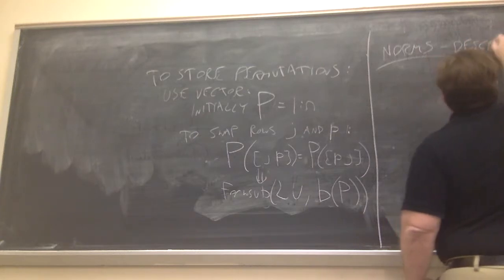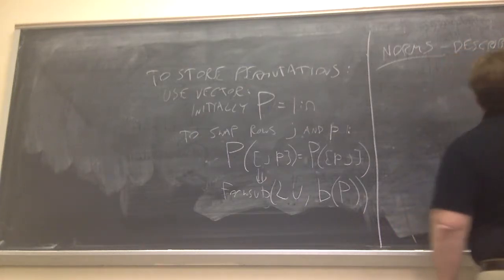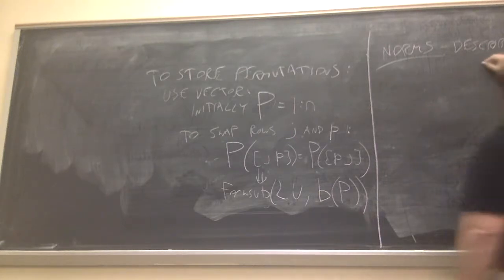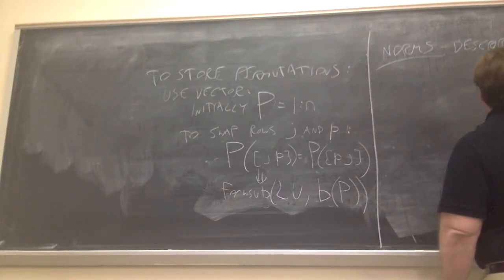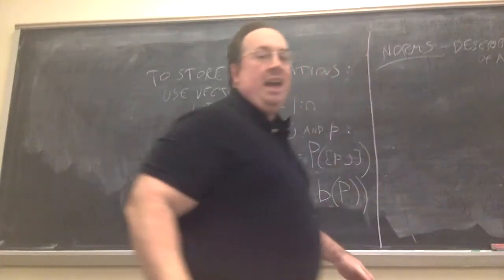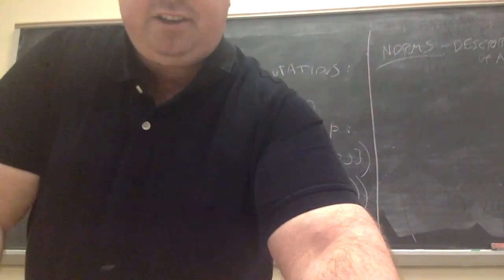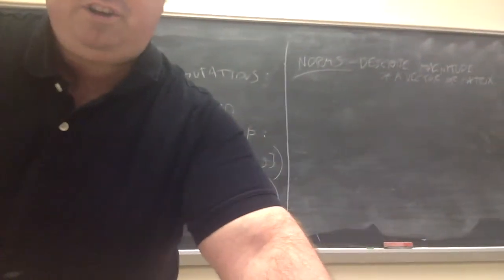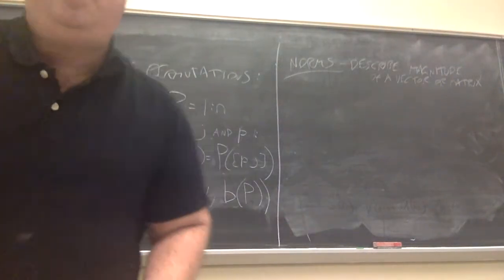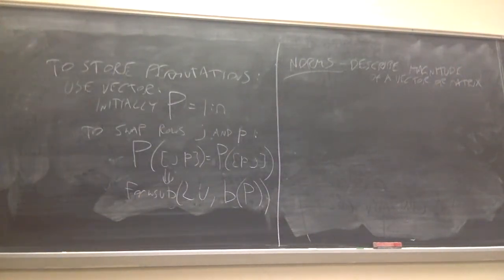They're used to describe the magnitude of a vector or matrix. Now, one of these norms you actually have seen in calculus, or maybe your first linear algebra course, where you take a vector and you take the sum of squares of the entries and then take a square root.